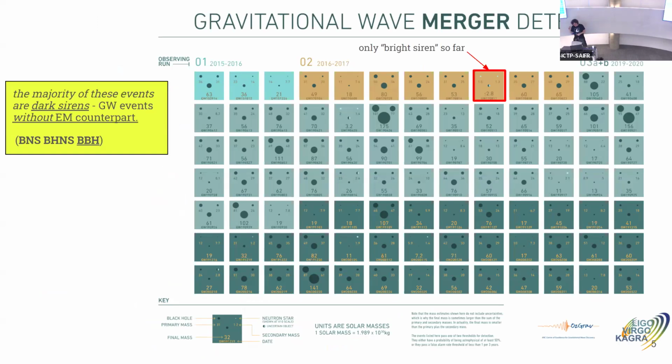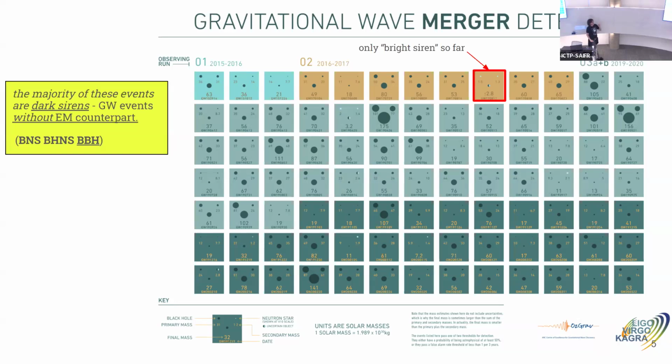The one thing I want to tell you about is the current catalog of gravitational wave detections. As you can see, the majority of them, about 89, are what we call dark sirens, which are gravitational wave events in which we don't have an electromagnetic counterpart, we don't have an estimation of the redshift.